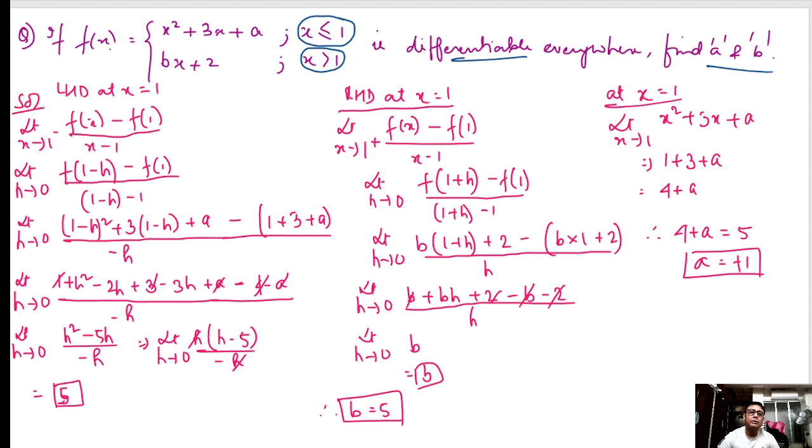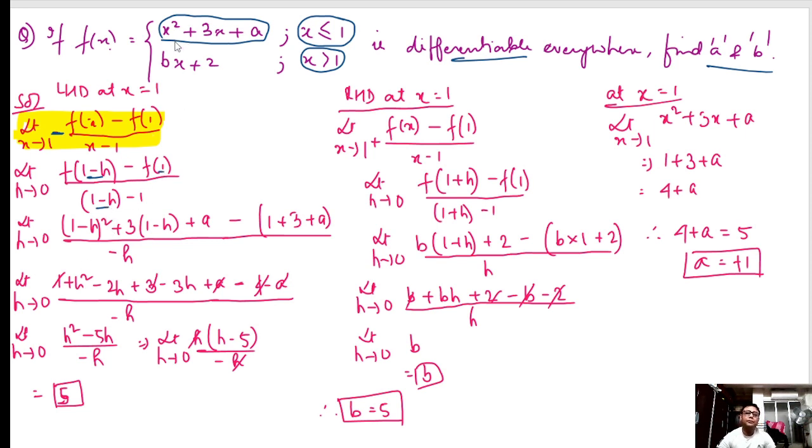So first of all, we know that it is differentiable at x equal to 1. So this is the left hand derivative. Clear? Okay, and we are testing at less than 1. So we will choose this function, and in place of x I will put 1 minus h.